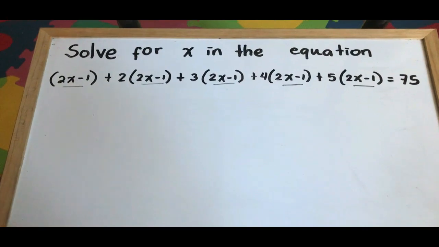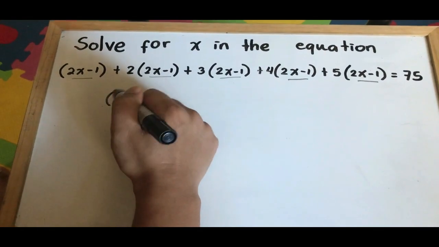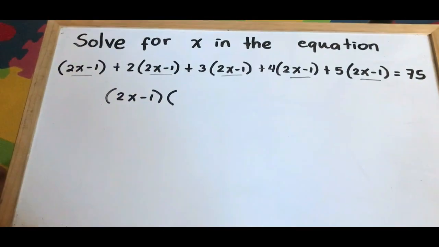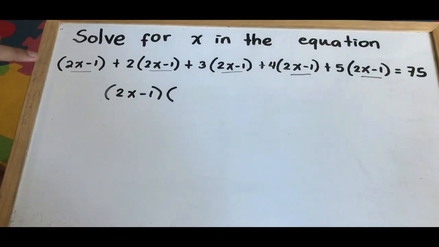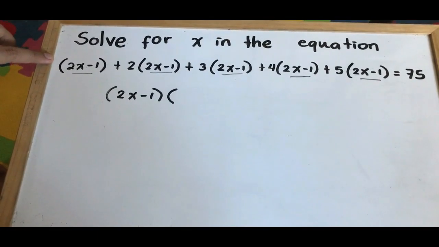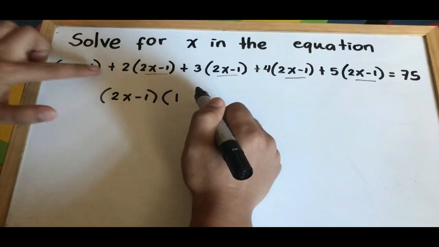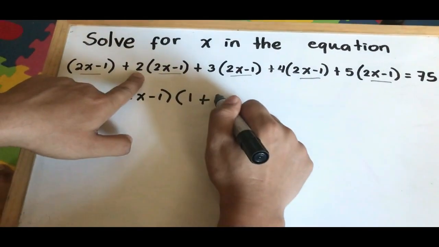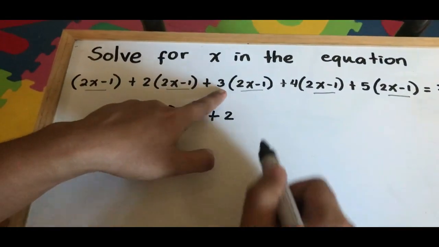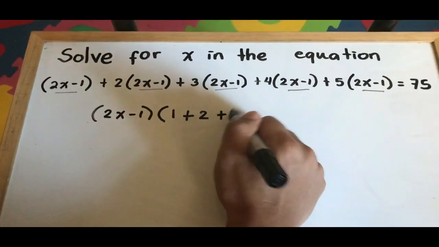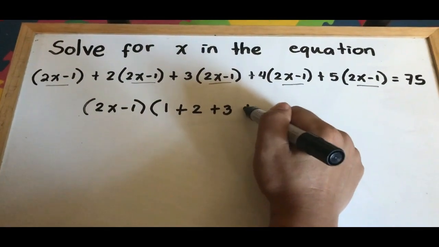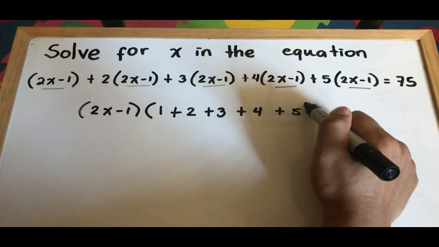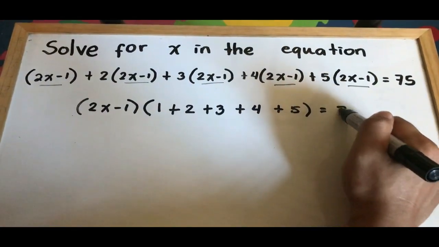So, ang gagawin natin, kopyahin natin yung common factor na 2x minus 1, times, meron tayong mga factors sa gilid. Dito, alam natin meron dyang 1, plus, meron tayong 2. Dito, meron tayong 3. Dito, meron tayong 4. At meron tayong 5. Is equal to 75.